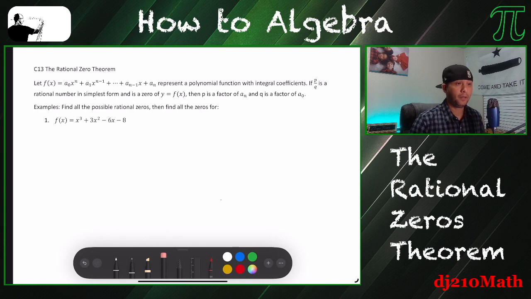All right, so the rational zeros theorem. Leading up to this, it's worth noting that if you've been following my videos, there's a progression, right? Learning how to factor a polynomial, then dividing the polynomial, what it means for a factor to divide a polynomial.